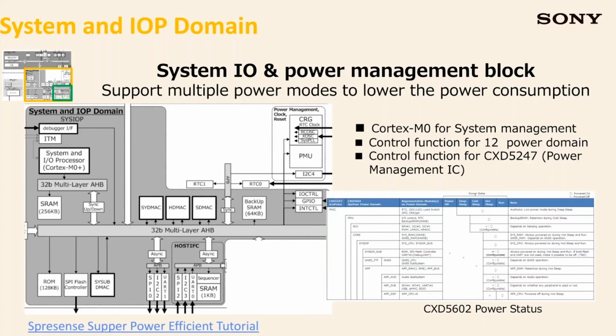So this was my stage three, red. Now let's go back to the yellow one, which was the middle, or stage two. At this point, I'm doing a lot of system IO and power management. This is supporting multiple power modes. When I say multiple power modes, we have power off, deep sleep, cold sleep, and hot sleep.